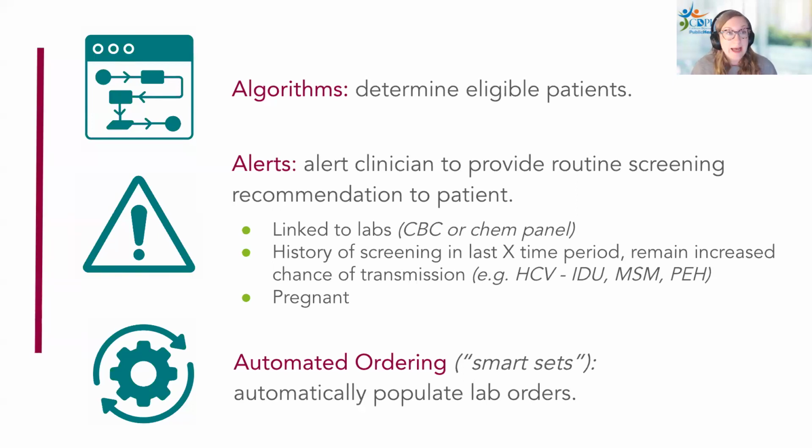This could be linked to labs like CBC or chem panel, history of screening in the last whatever time period, increased chance of transmission, and or pregnant as an example. And then automated ordering, also sometimes referred to as smart sets, which automatically populate lab orders.